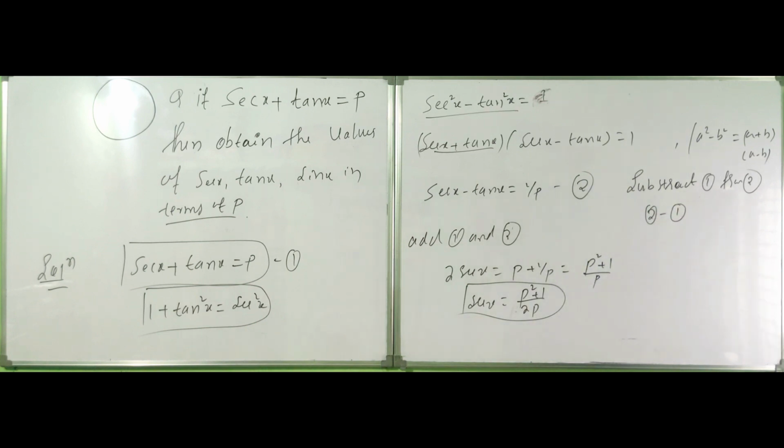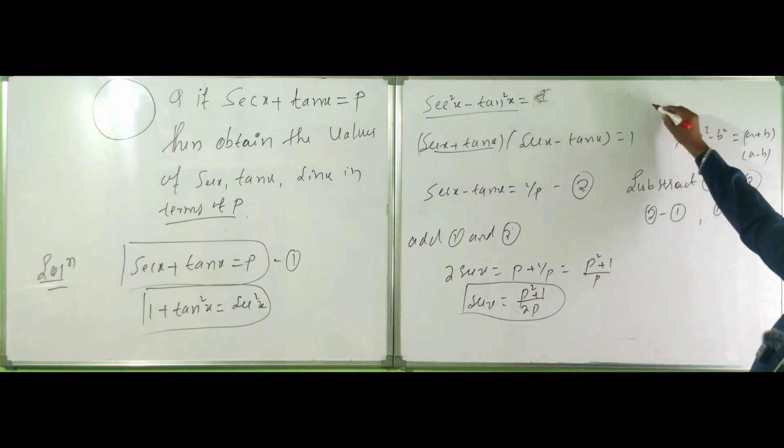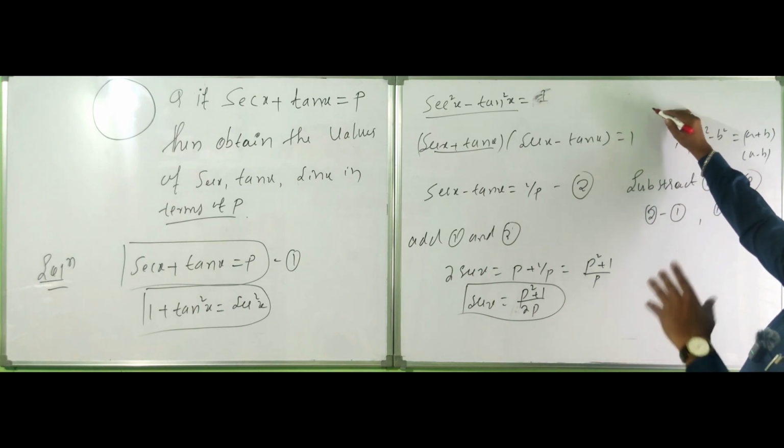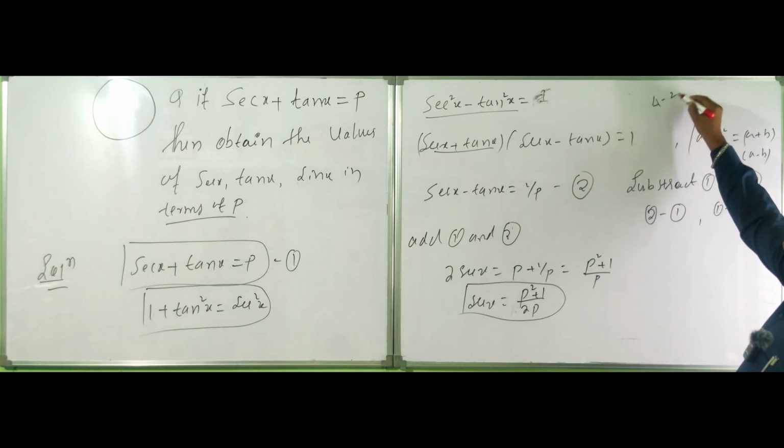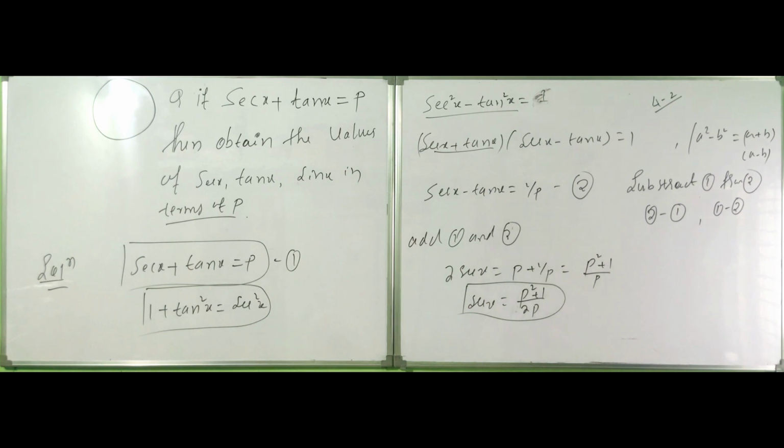Subtracting 2 from 1 means equation 1 minus equation 2. Subtract 2 from 4 means you will take 4 minus 2. Subtract 4 from 2 means you will write 2 minus 4.